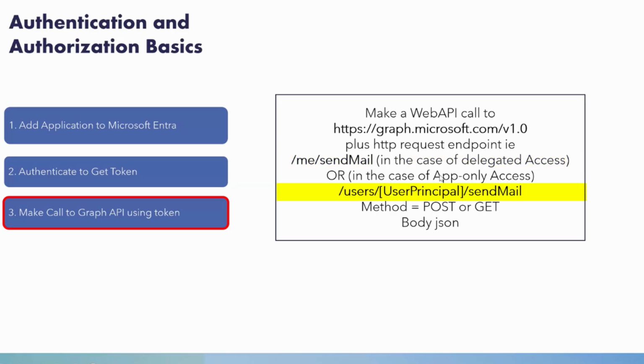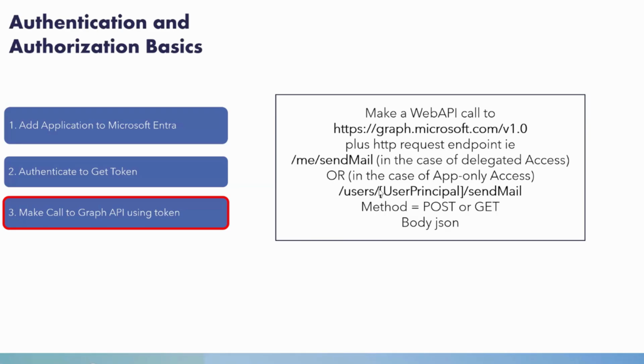In the case of app-only, when it's not delegated, you actually have to put users and then a slash and then the user principal, which there's different types of principals you can use, but I was using in my examples the actual email address. So for me, it would be mbarnes@barnesbusinesssolutions.com.